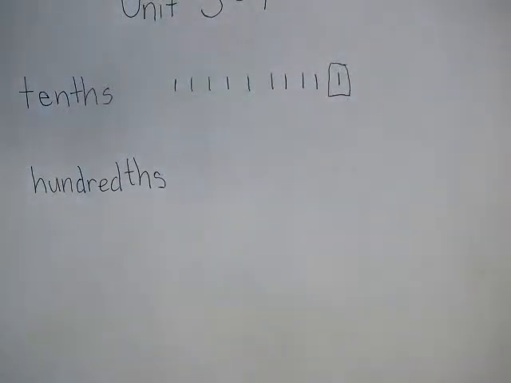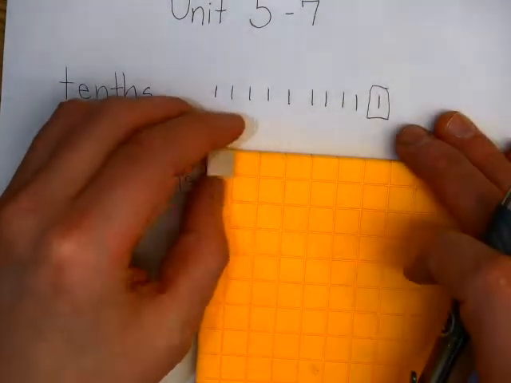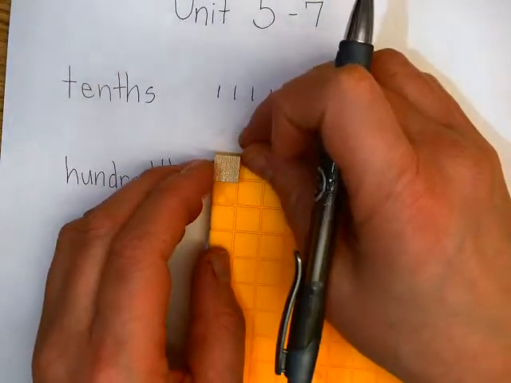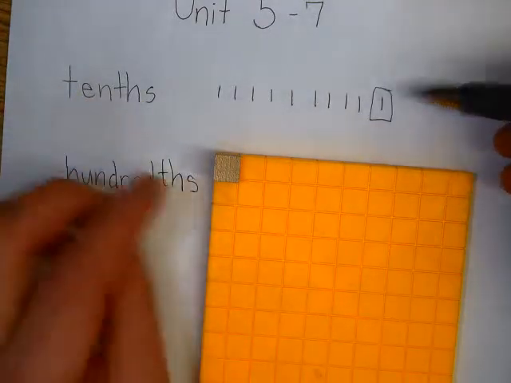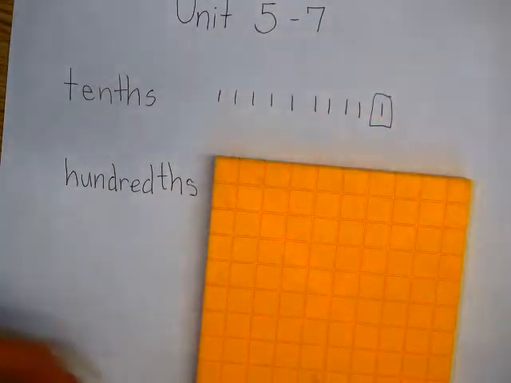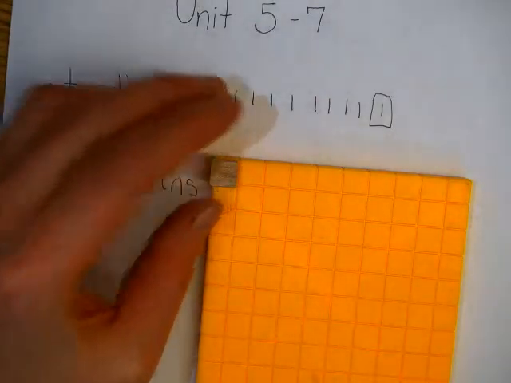Now kids are most used to using these numbers when it comes to money. So they know a tenth of a dollar, 10 cents, 10 pennies would be a dime, would be 10 parts. And also 1/100th of a dollar would be a penny.